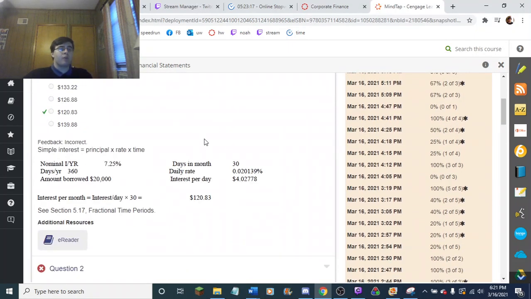It's probably completely pointless to do it with your calculator because it's so easy, but yeah, whatever, fine. Simple interest equals principal times rate times time.